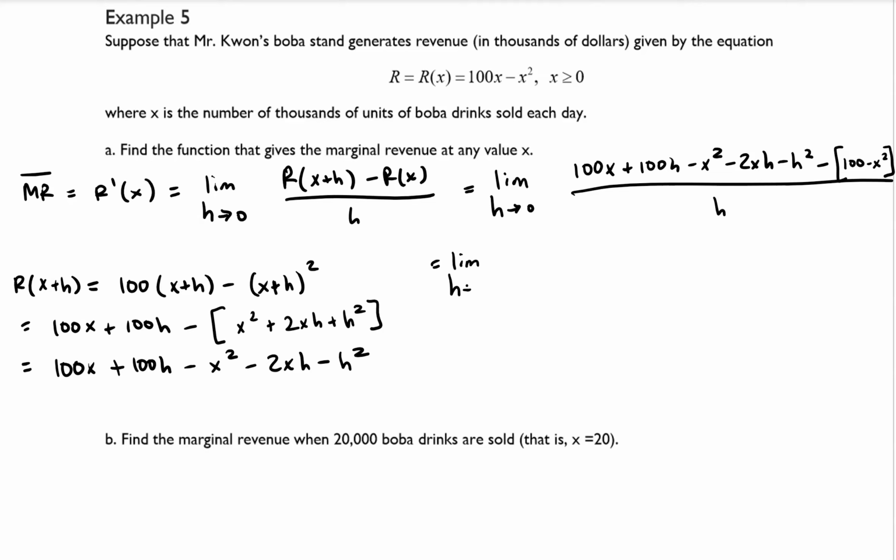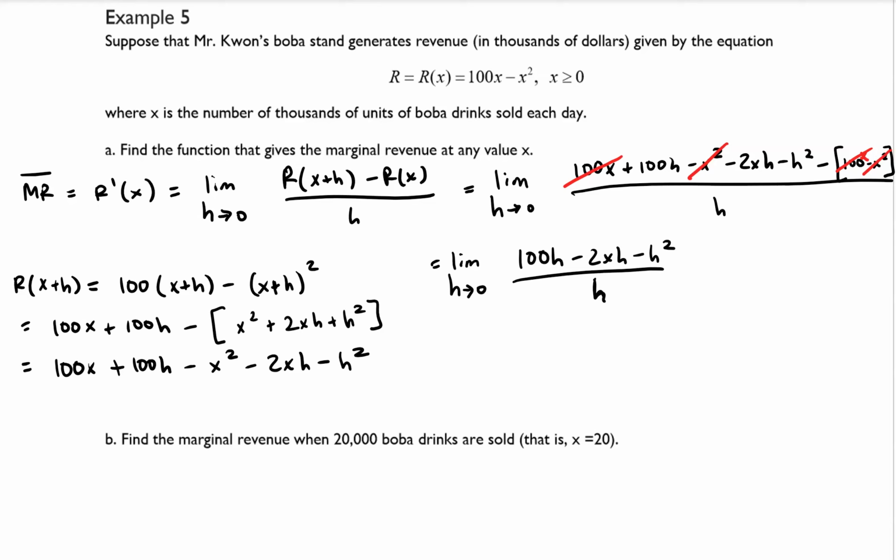So that equals the limit as h approaches 0 of, I'm going to cancel out some stuff. I am missing an x. This should say 100x right here. Okay, so now that makes sense because this 100x minus 100x there, and this x squared and this minus negative x squared will cancel out. And so we will be left with 100h minus 2xh minus h squared all over h.